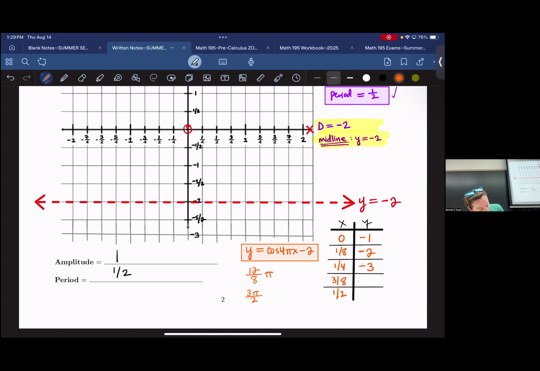Minus 2, you get -2. And then we have 1/2 plugged in, so we're looking at cosine of 2 pi, which is just once again 1. And then we have 1 minus 2, which gives us -1.